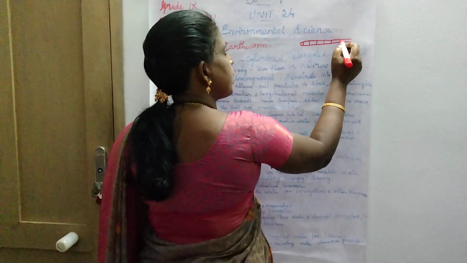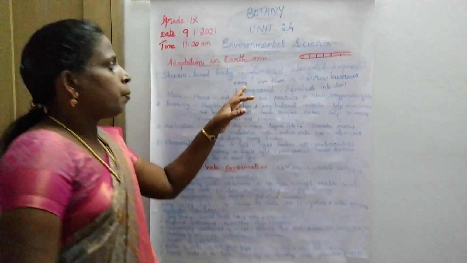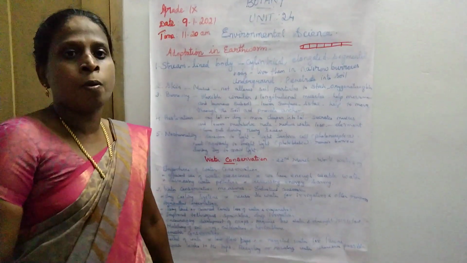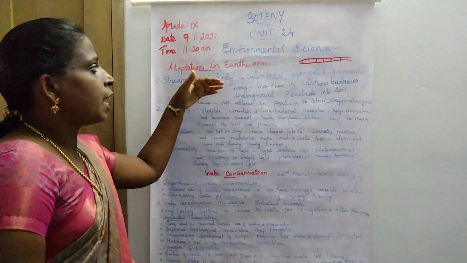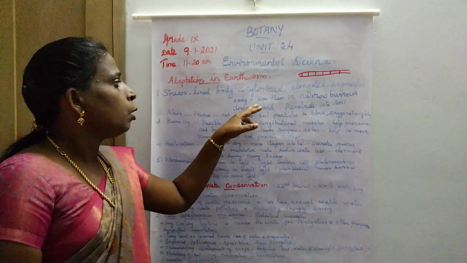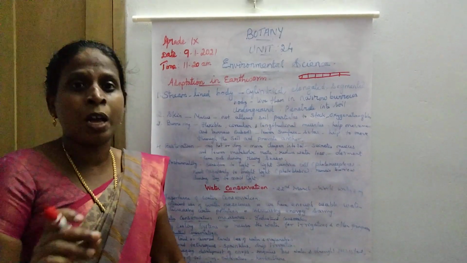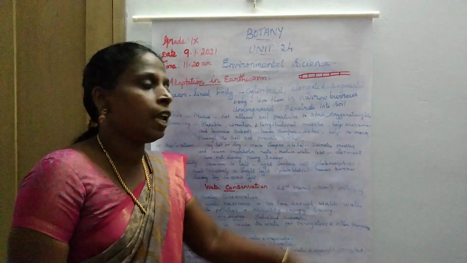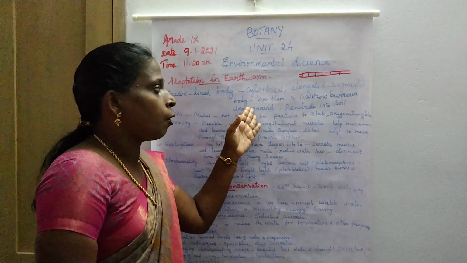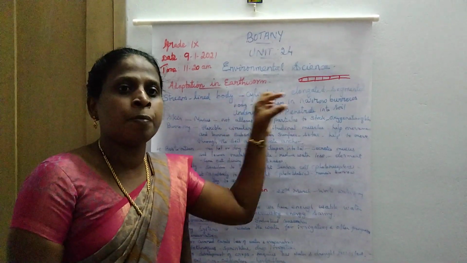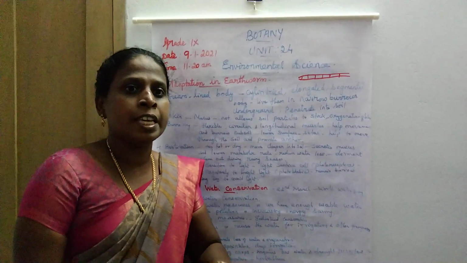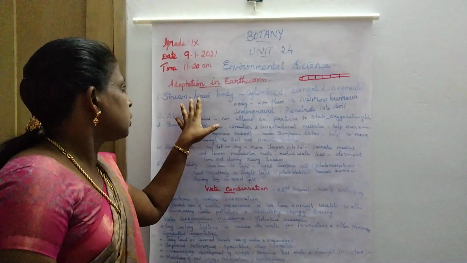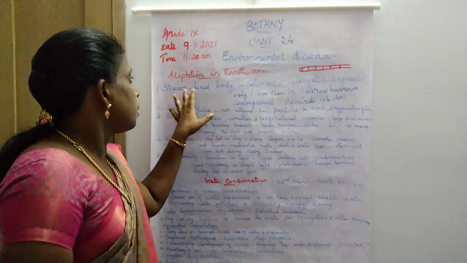How does the streamlined body help the earthworm? It helps them to live in narrow burrows underground, and also helps them to penetrate into the soil easily. So that is the adaptation of earthworms, streamlined body.